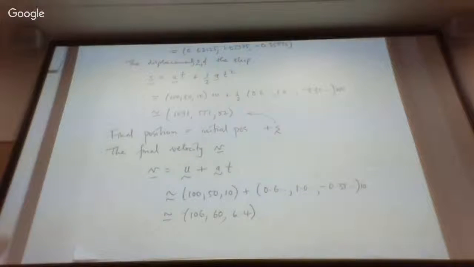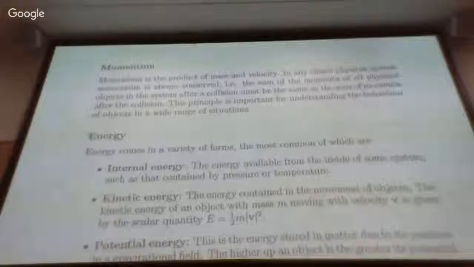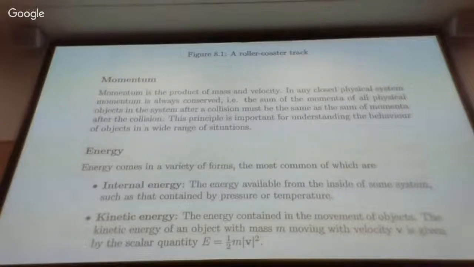So we're going to look at momentum and energy and their conservation rules. So what is momentum? Well, the concept of momentum is the product of mass times velocity. So if an object is moving with a certain velocity, it has a certain momentum.